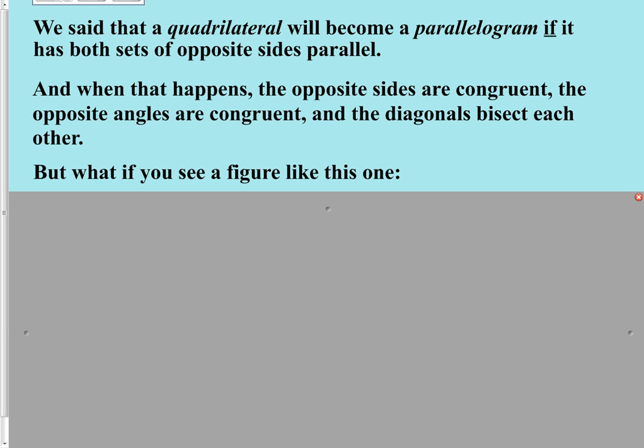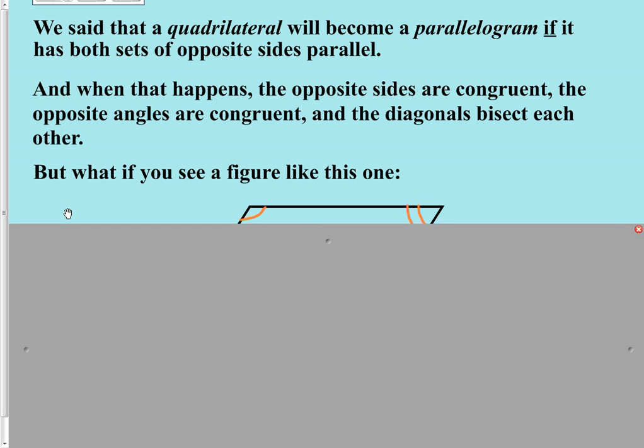But we also saw yesterday that when you have that quadrilateral with both sets of opposite sides parallel, it also caused both sets of opposite sides to be congruent, both sets of opposite angles to be congruent, and the diagonals to bisect each other. So all of that is review information from yesterday.